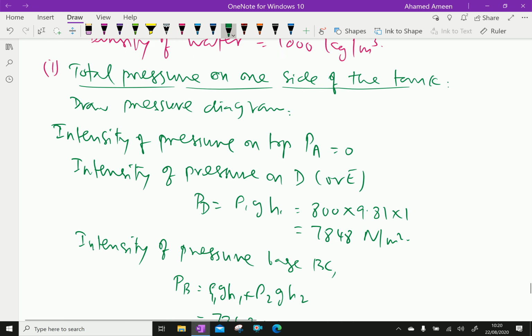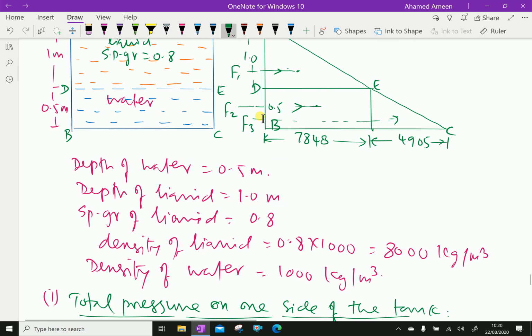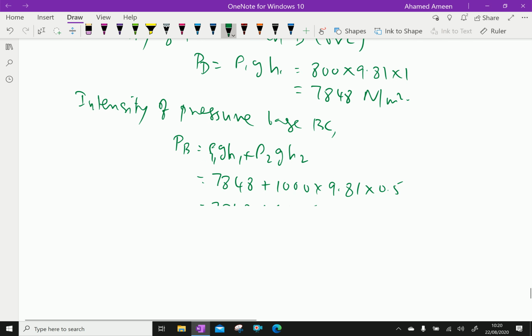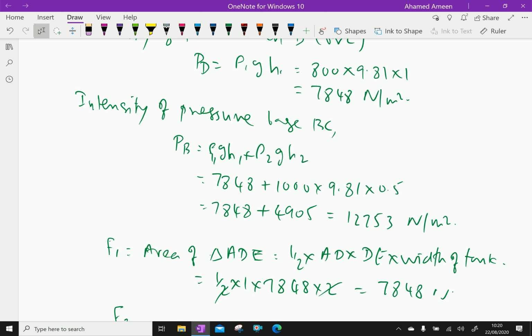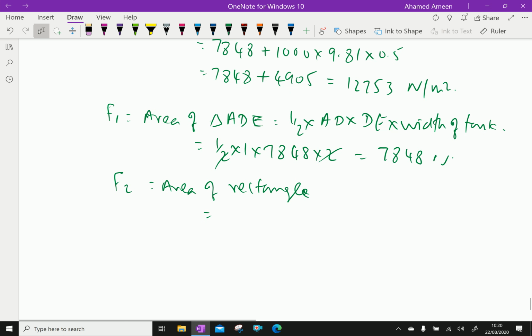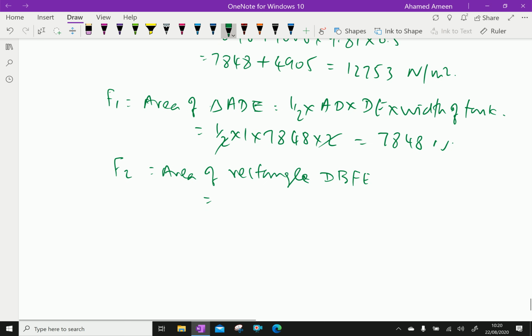Then F2 is the area of rectangle DBFE, equal to base into height.